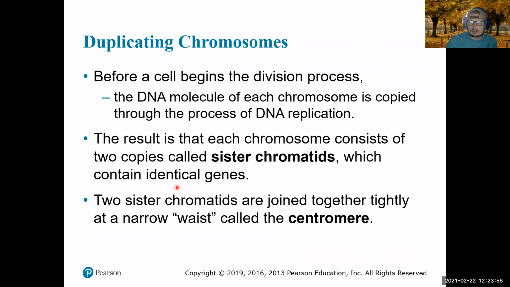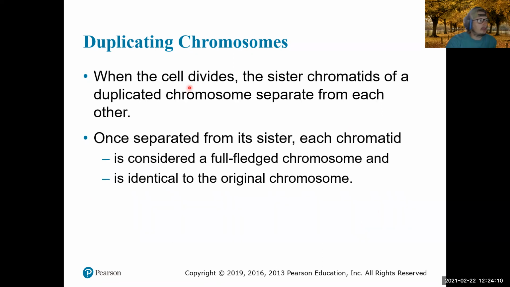And again, those sister chromatids are joined at the waist, which is called the centromere. That's where those sister chromatids are joined together. All right, and so when cell division happens, the sister chromatids will separate from one another. So in mitosis, or meiosis two, which you'll learn about, the sister chromatids will separate from one another.